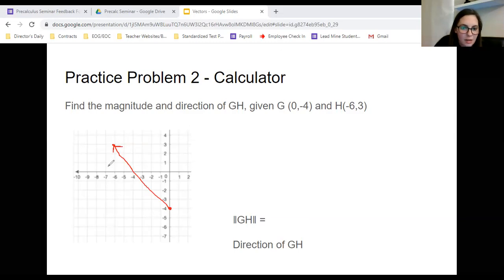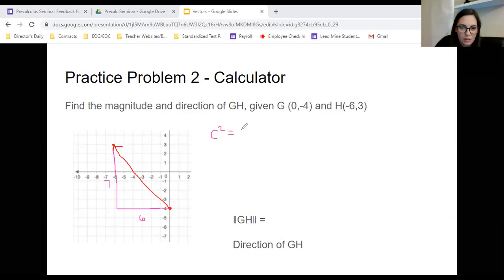I'm going to first start by making this a right triangle. And I'm just going to do the Pythagorean theorem. So I see the bottom is 6, and the other leg here is 7. So I'm going to do the Pythagorean theorem here.